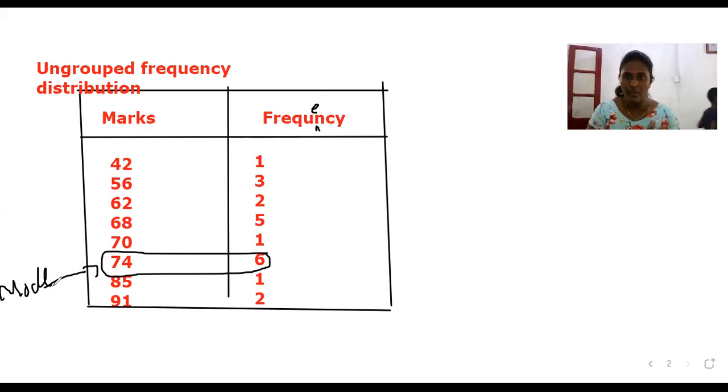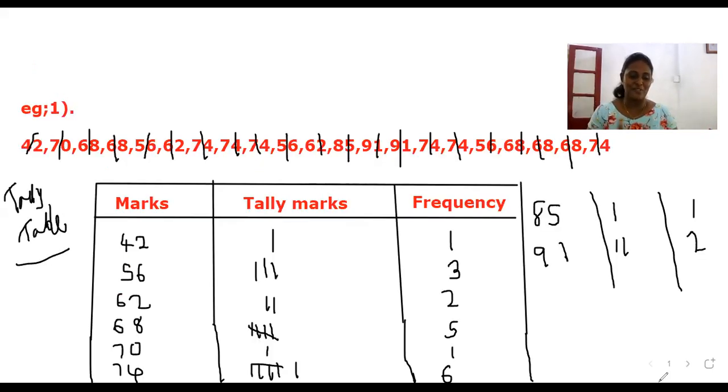So now I recall again what you have to do. First of all, take the heading 28.1 ungrouped frequency distribution, then the definition which is here, then example 1. You write the statement about the marks obtained, take this set of marks, and draw the tally table.